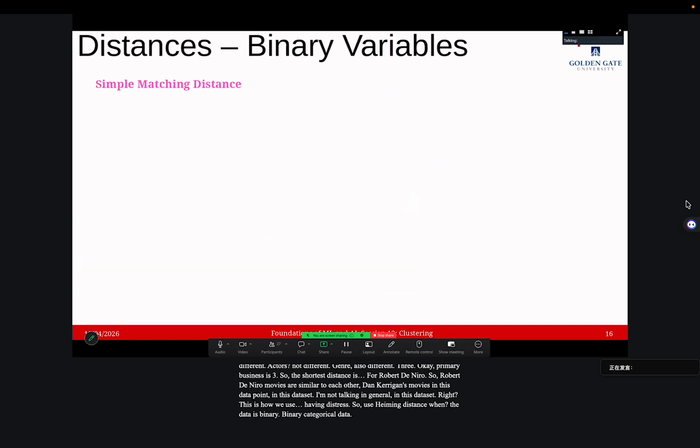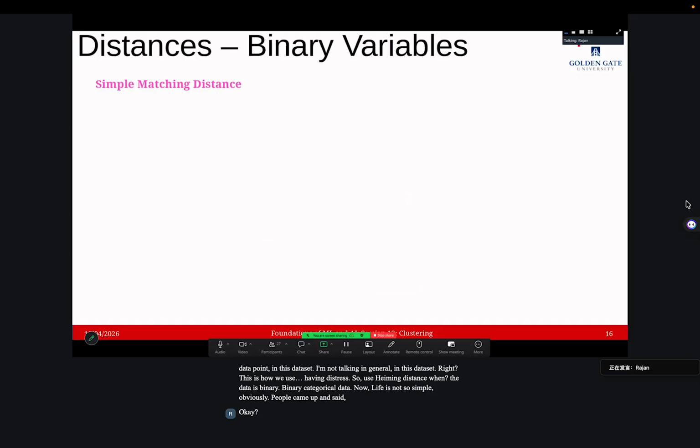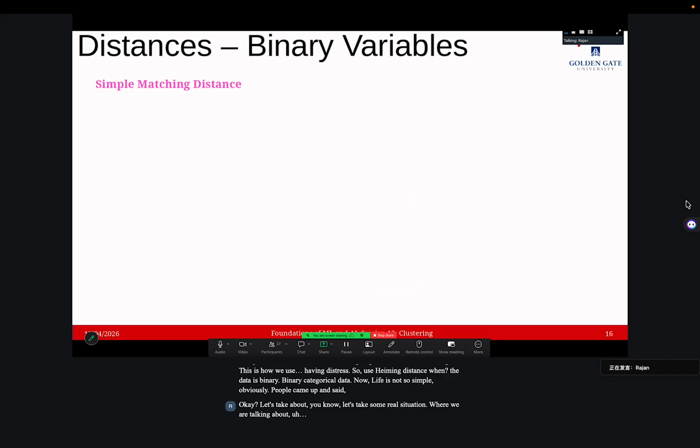Now, life is not so simple. Obviously, people came up and said, let's take some real situation where we are talking about a lot of variables. Let's take a retail store. I want to see whether two customers are similar.